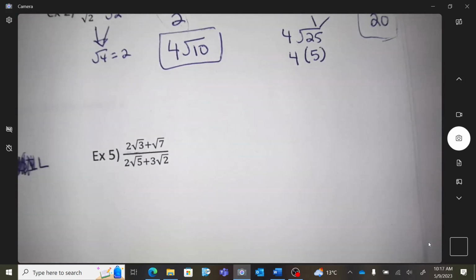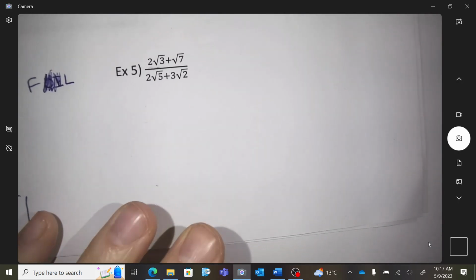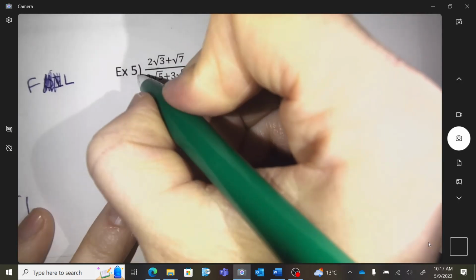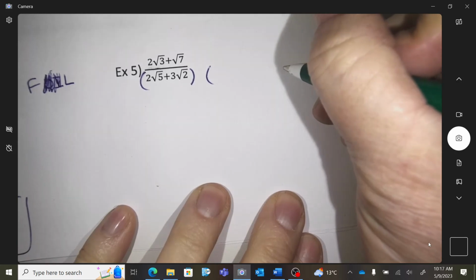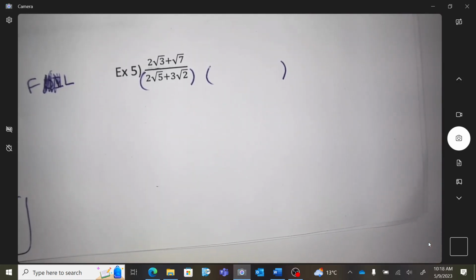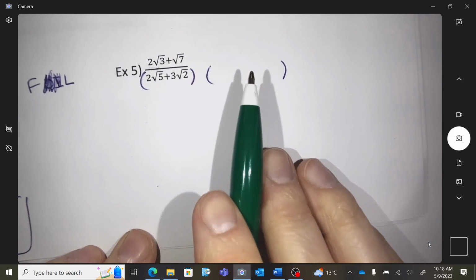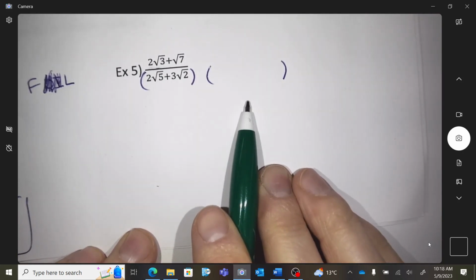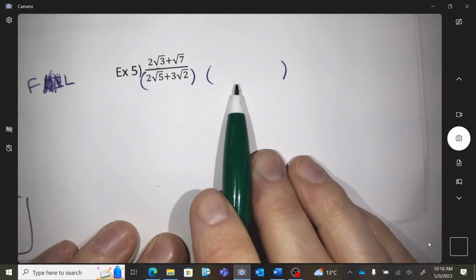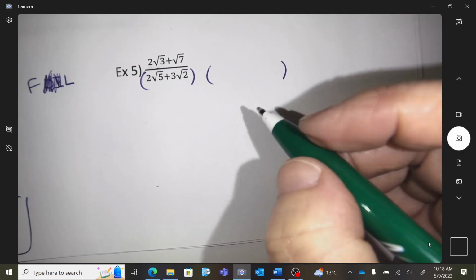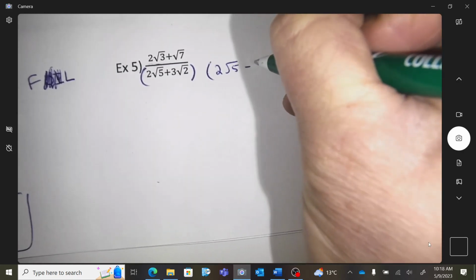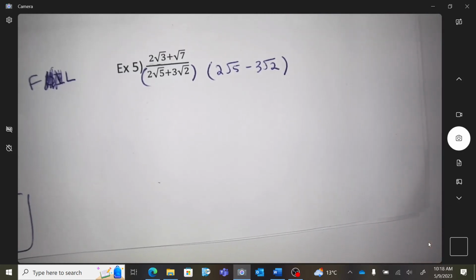Okay, so this, number 5, would be the hardest I would get you to do. So, again, there's a binomial on the bottom. So I'm going to have to times it by its conjugate. So I'm going to write the same binomial, but with the different sign. Okay, so that's what a conjugate is.